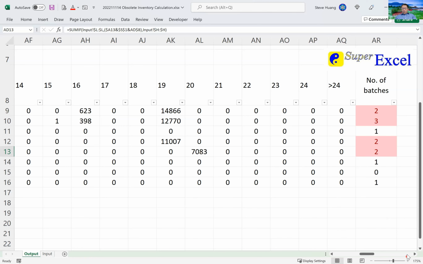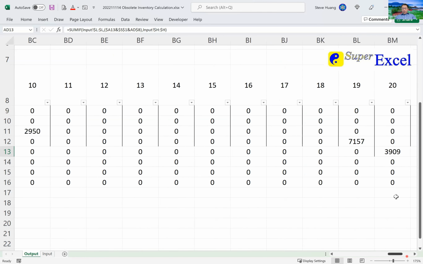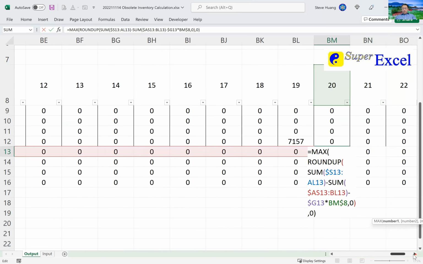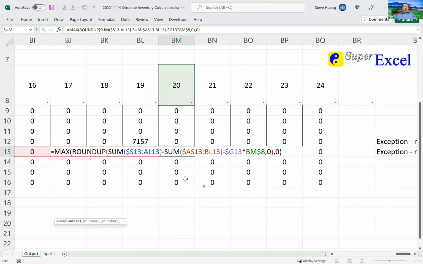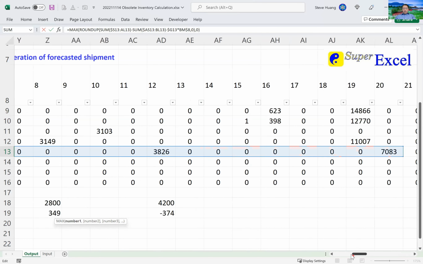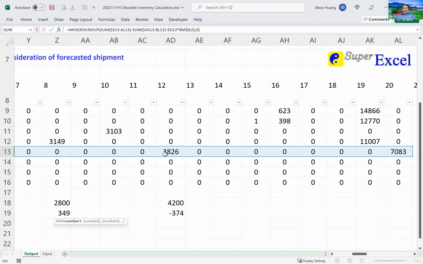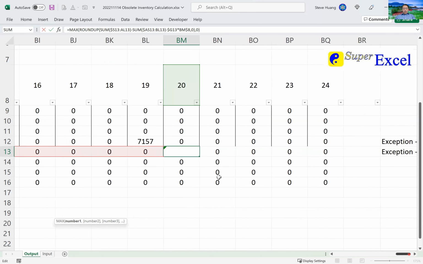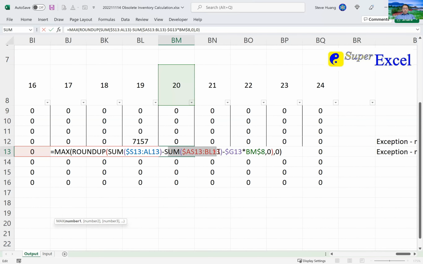Now with our formula, that formula is all fine for this because we're using all the inventory, so that includes that 3,826 and also this 7,083. We look at all the inventory, and then we say minus the short date amount.